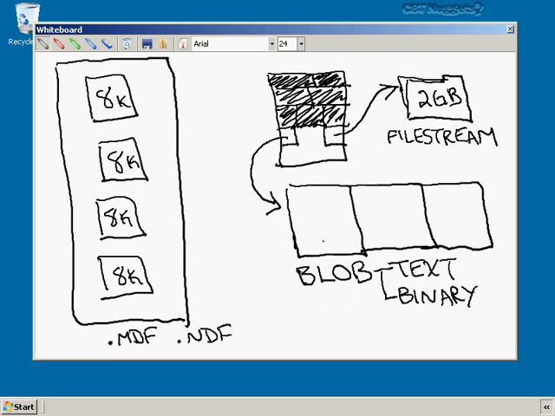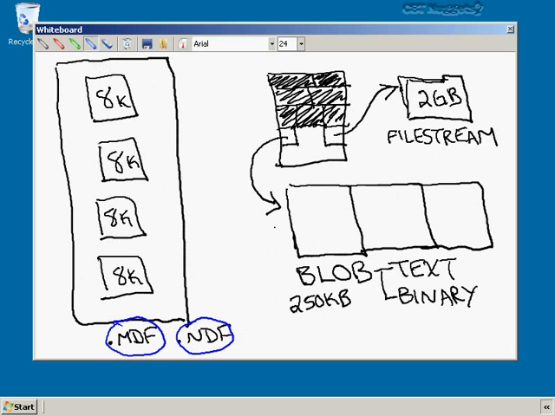Now, typically, a blob is considered useful for 250 kilobytes or less. Anything over 250 kilobytes, and you should not be using a blob, you should be using a file stream. The difference is that the file stream does not live in this MDF or NDF file. It actually lives as a bunch of separate files in the file system.